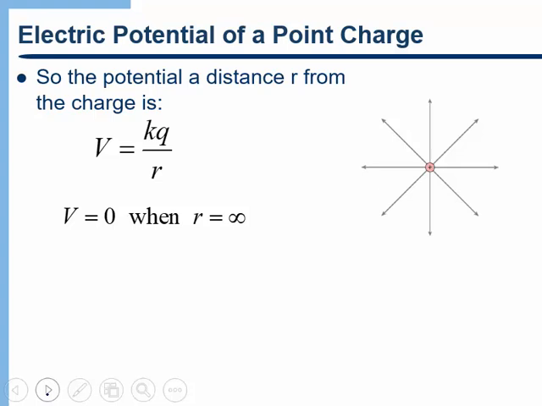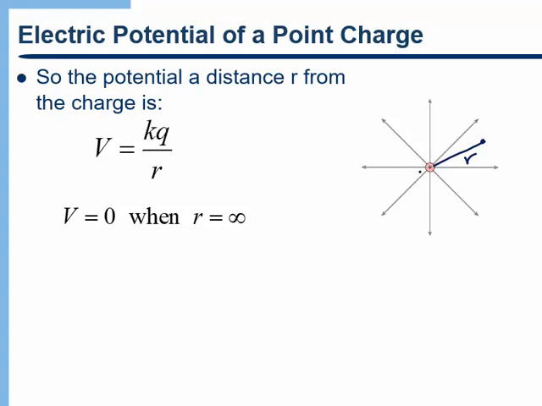So the potential at distance R from a point charge is KQ over R. Notice now we're not saying potential difference, we're saying the potential. So the electric potential at a point in space R away from this charge is KQ over R. Electric potential is really related to the underlying electric field. If there's an electric field in a region of space, then there is an electric potential in that region of space as well. For some of you who have done work with circuits, you're used to the idea of there being a voltage in a circuit, but you can have a voltage in a vacuum or in air as well.